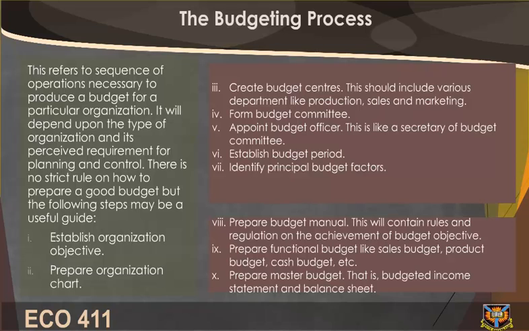Prepare budget manual. This will contain rules and regulations on the achievement of budget objective. 9. Prepare functional budgets like sales budget, production budget, cash budget, and so on. 10. Prepare master budget, that is, budgeted income statement and balance sheet.